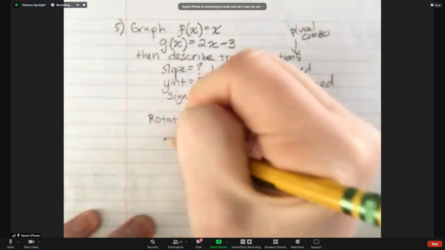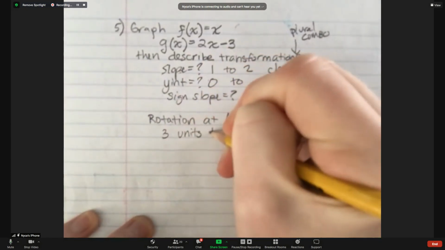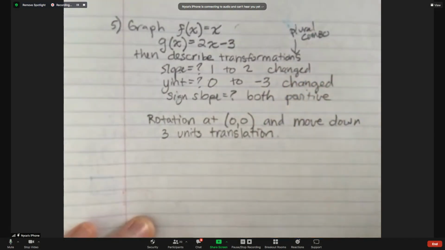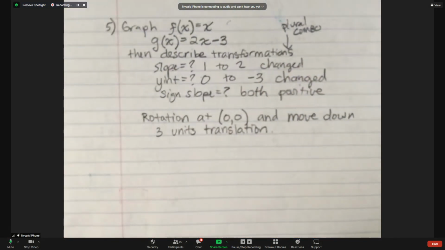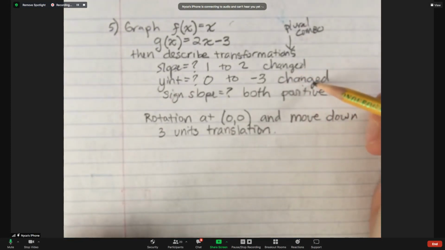Move down 3 units. Translation. So with the combos, you check the slope, you check the y-intercept.